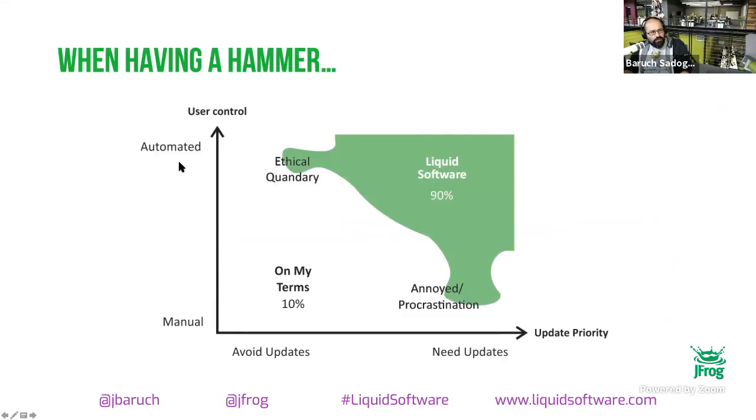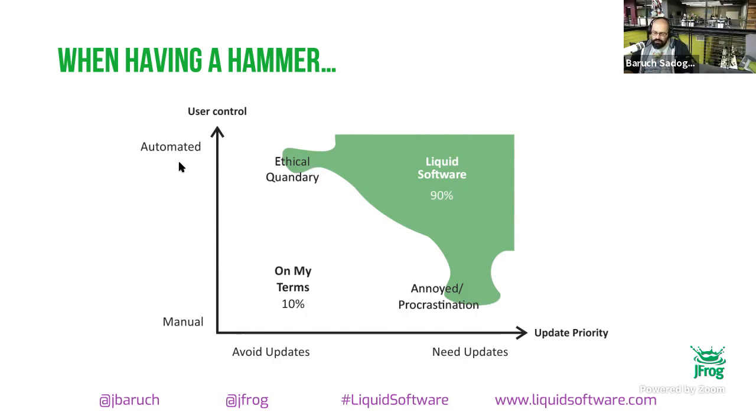So first of all, is it something that should be applied to everything? Does liquid software work in any scenario or for any software? And the answer is no. There are obviously some scenarios in which liquid software and continuous updates of software can really be problematic.